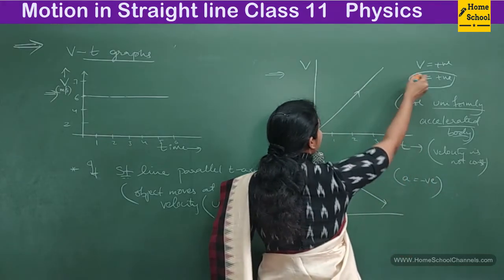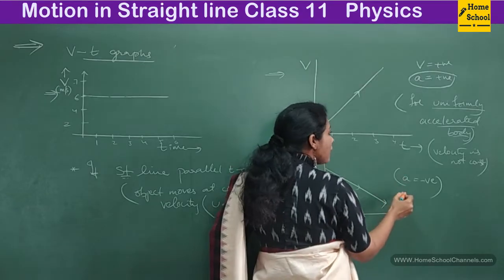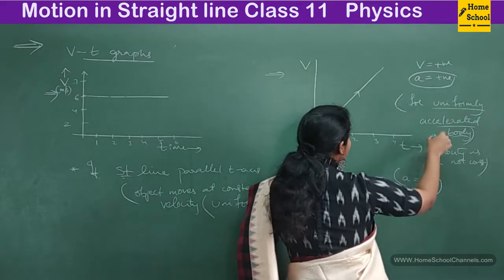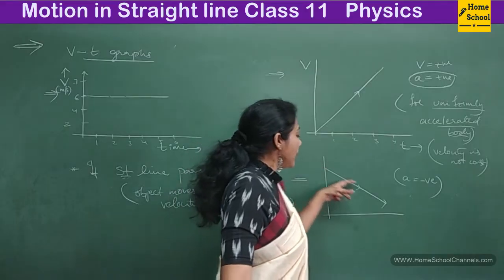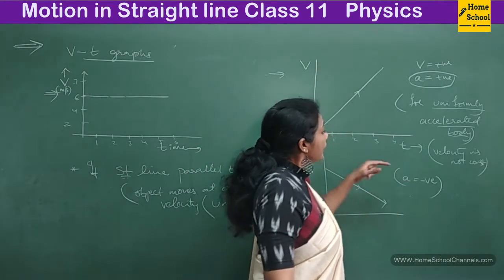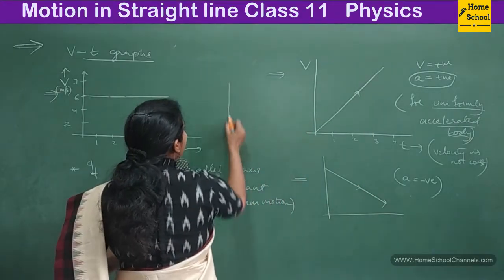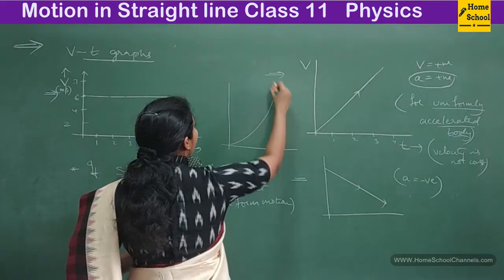Okay, so here a was positive and here a is negative, and this is also a graph for a uniformly accelerated body only, because you are getting a straight line, so it means it is moving with uniform acceleration. If it was non-uniform acceleration, you will get a curve.